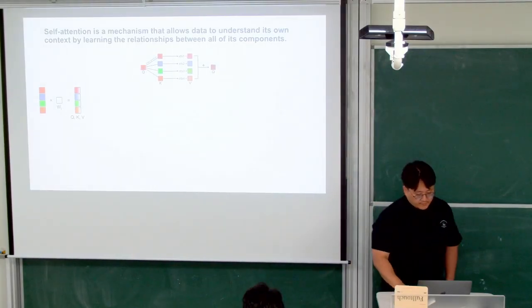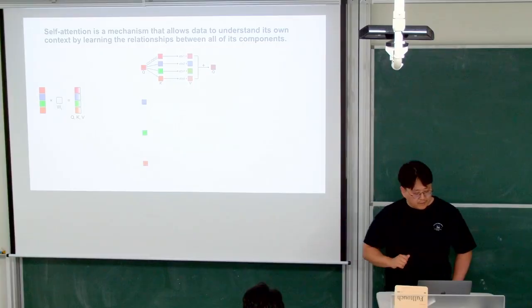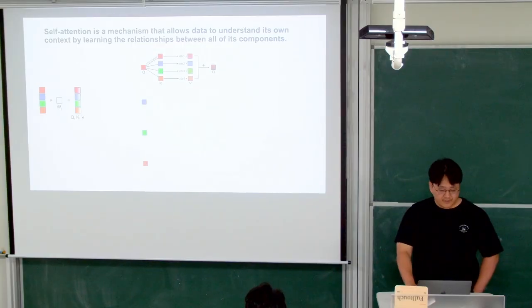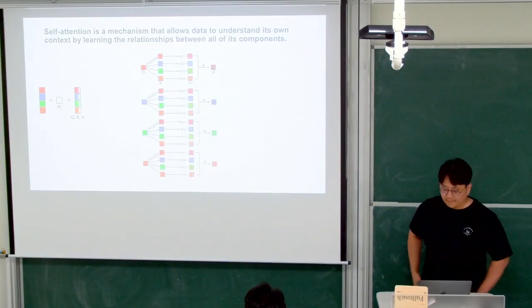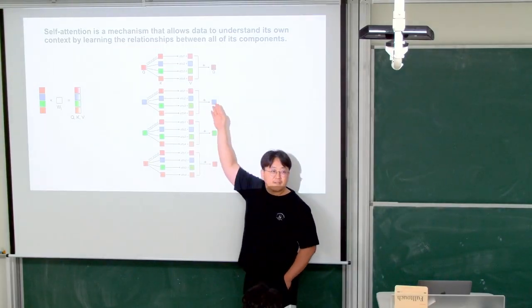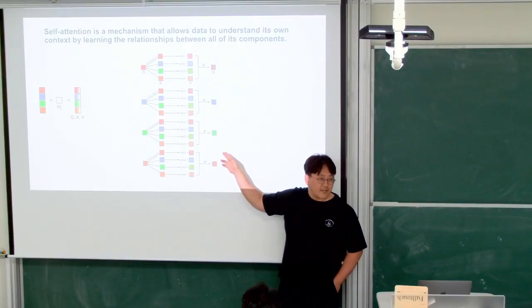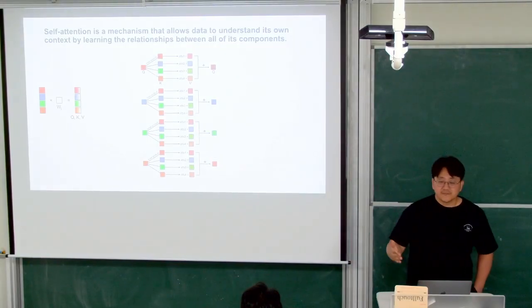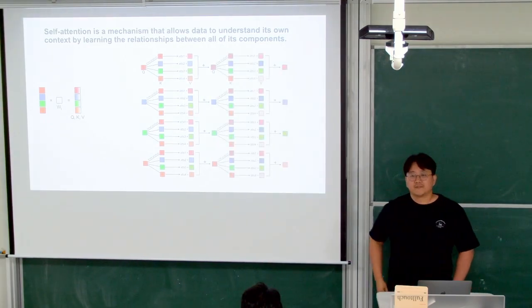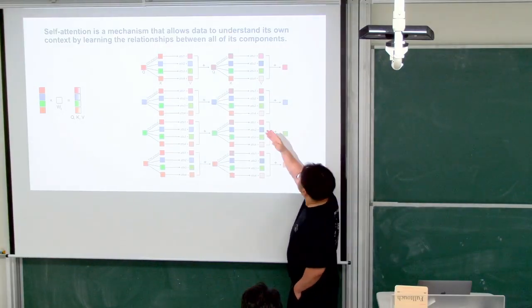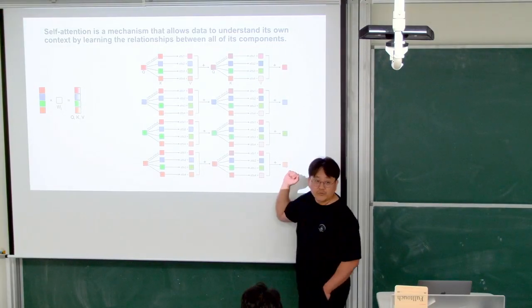Then we can apply this pipeline to the other tokens and get another tensor set. We use this tensor set as the input of the next process, and we get another output.